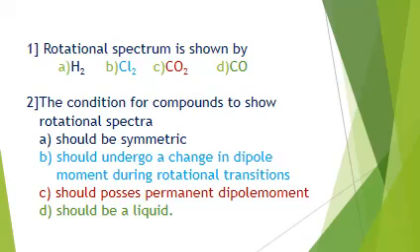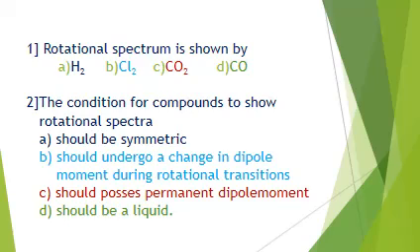The first question: rotational spectrum is shown by A H2, B Cl2, C CO2, D CO. Here H2, Cl2 and CO2 do not possess a permanent dipole moment. Therefore, these molecules are rotational microwave inactive. The compound CO is microwave active. Therefore, option D is correct.